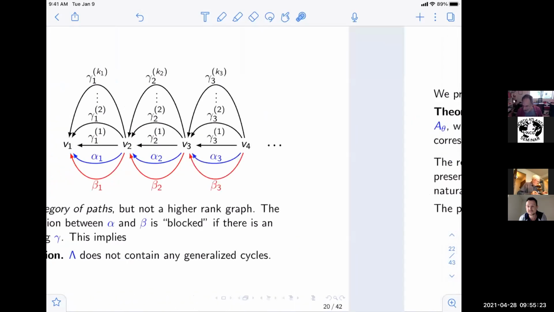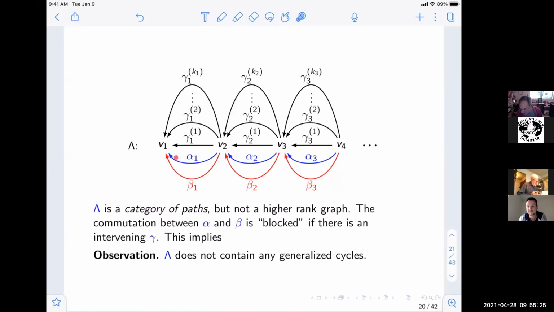Yeah, and I think your example is a good one. If you just take say alpha 1 and beta 1 as 2 paths, why is that not a generalized cycle anymore? So alpha 1 gamma 2 is disjoint from beta 1 gamma 2. So there's no extension of alpha 1 gamma 2 that can possibly extend beta 1.